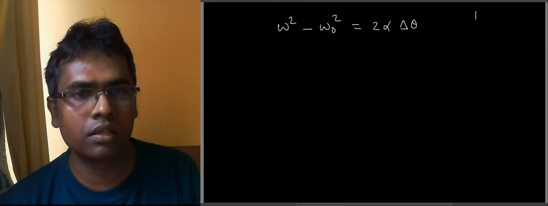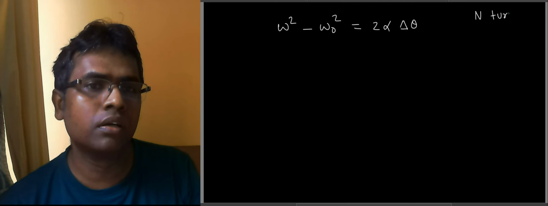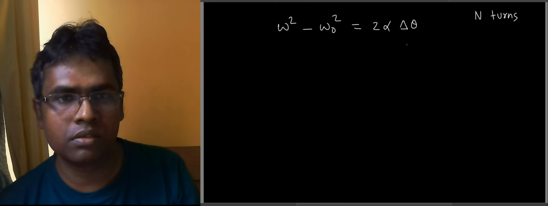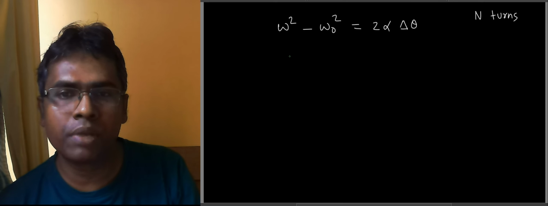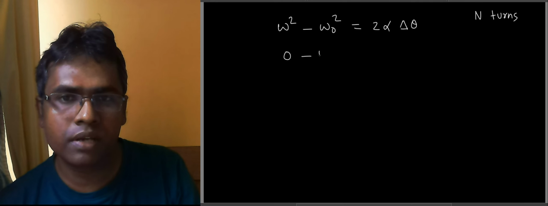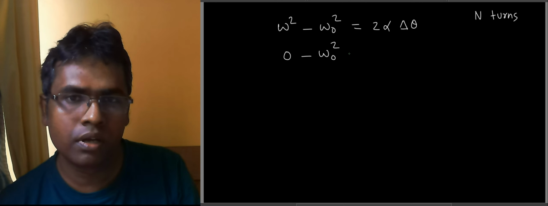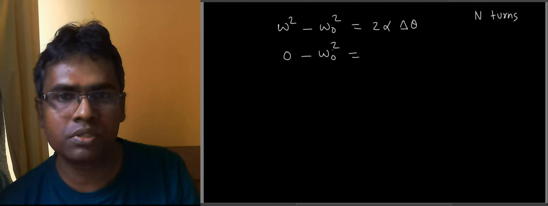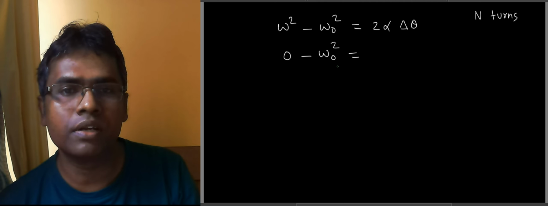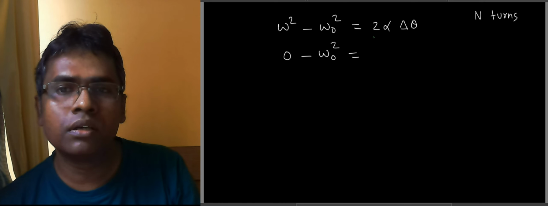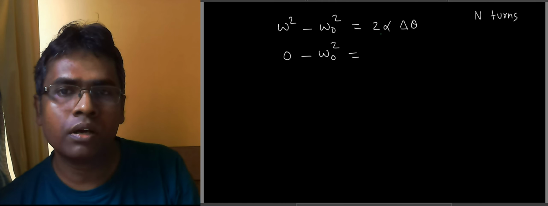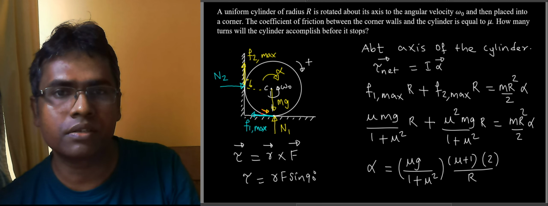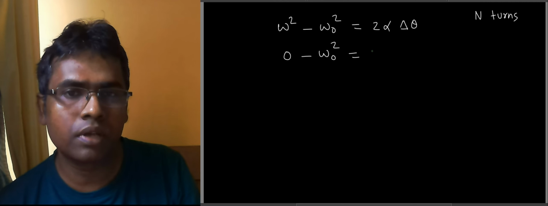If it makes n turns, for every turn it covers an angular displacement of 2 pi radians, so we can substitute that here. Now if it is stopping, finally this is 0, and the initial angular velocity is omega naught square. Here it doesn't matter whether I take it as positive or negative, so that anyway disappears. My sign convention is clockwise positive, so the displacement is in the negative direction. That's important to take.